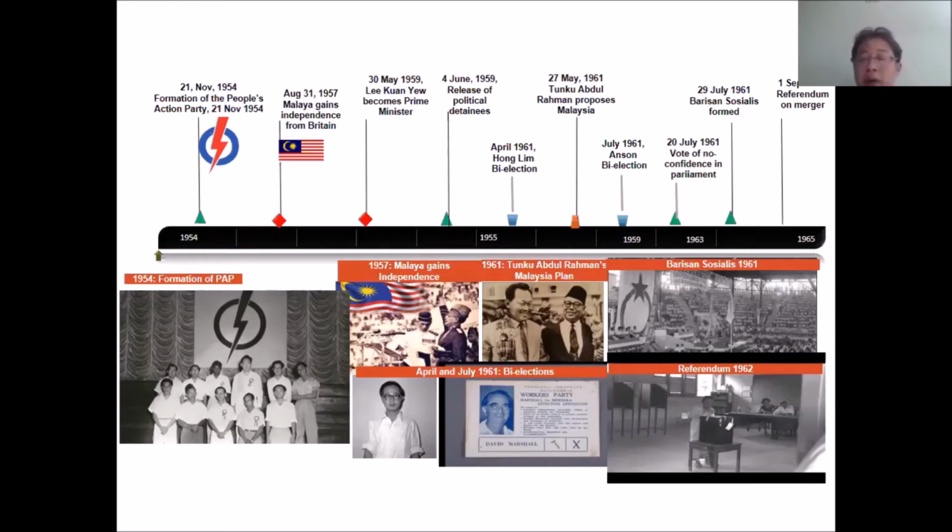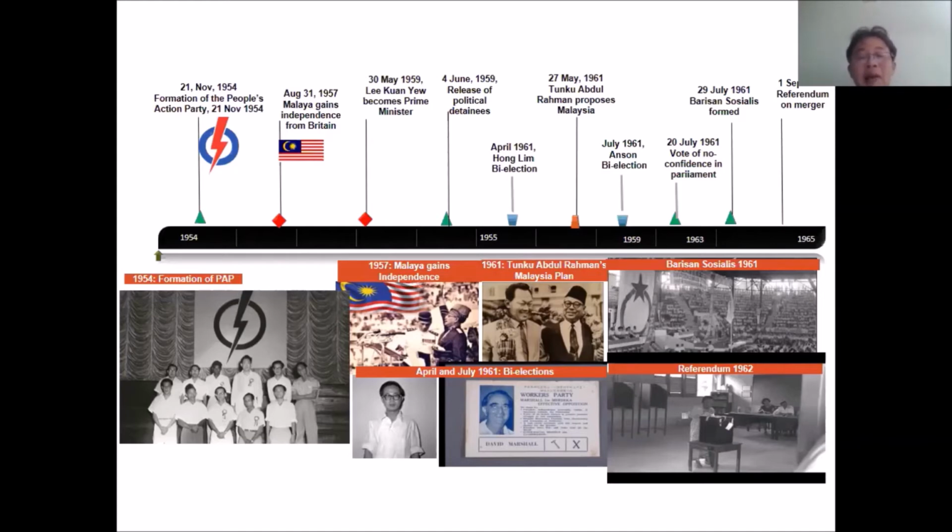However, this perhaps further divides the PAP leadership that they have. Remember, on the one hand, English educated leaders and those who had faith and confidence in Lee Kuan Yew, and those who were pro-leftist and perhaps even pro-communist. Suddenly, on 27th of May 1961, Tunku Abdul Rahman proposes Malaysia.